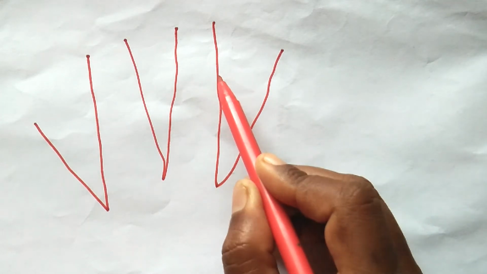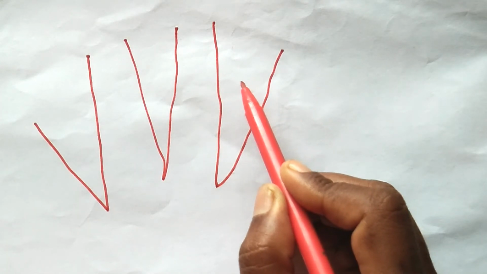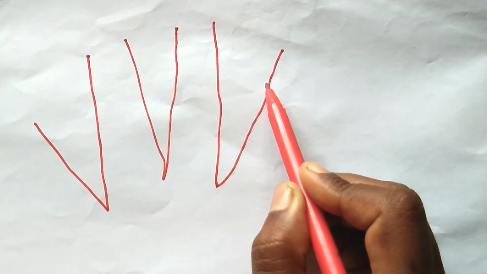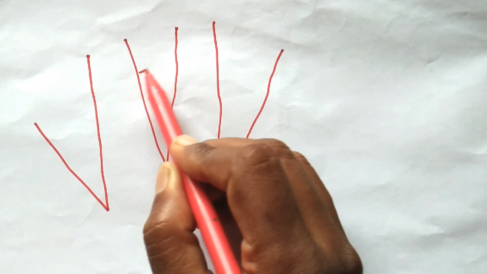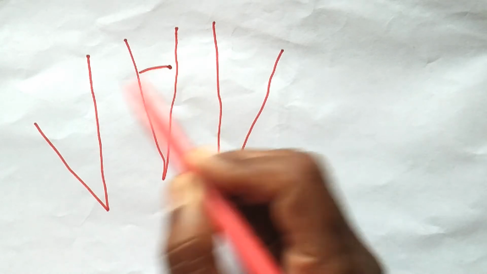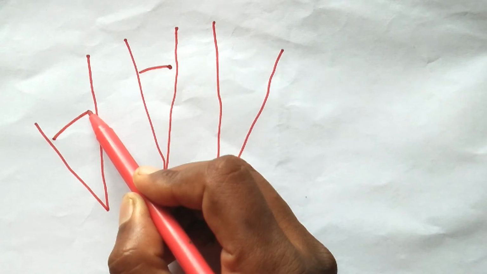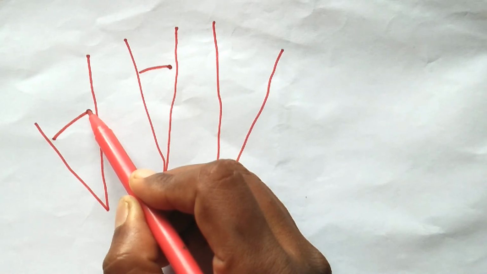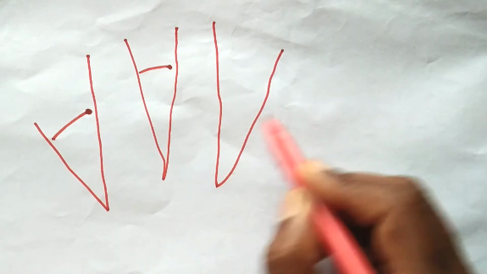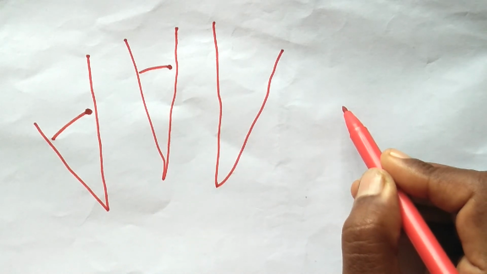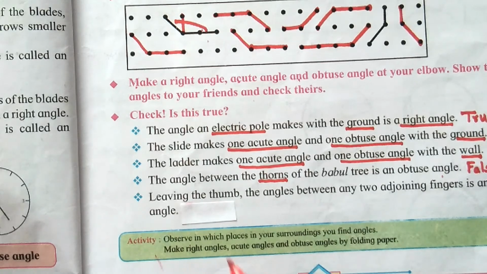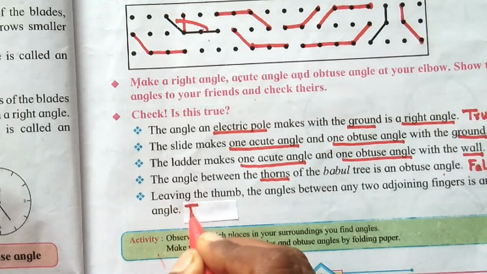See here, in this figure, the distance grows smaller than a right angle. In this figure also, the distance grows smaller than a right angle. In this figure also, the distance grows smaller than a right angle. So that means all three are acute angles. That means this sentence becomes true. Then write here true.